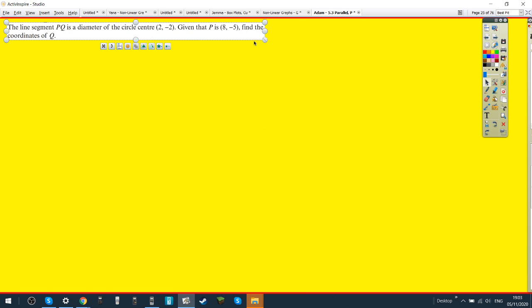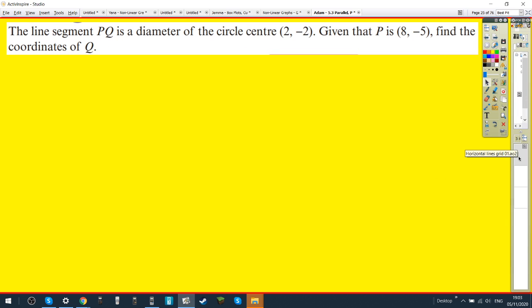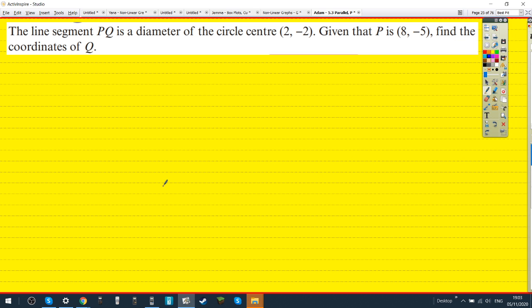Okay, how about this? So 2 comma minus 2 is the midpoint, right?